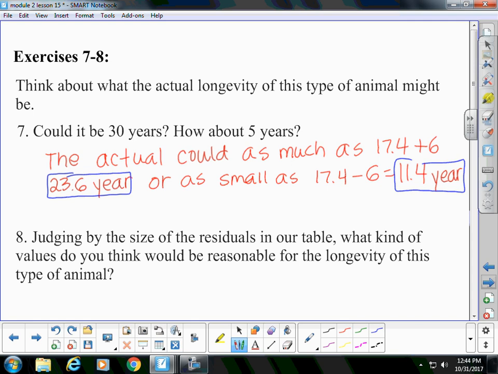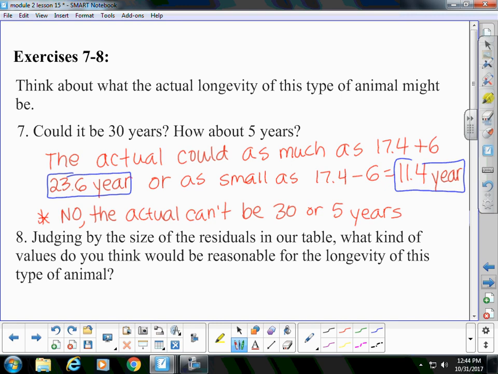And the answer is no. The actual can't be 30 or 5 years, because the most it's going to be is 23, and the least it's going to be is about 11 years.